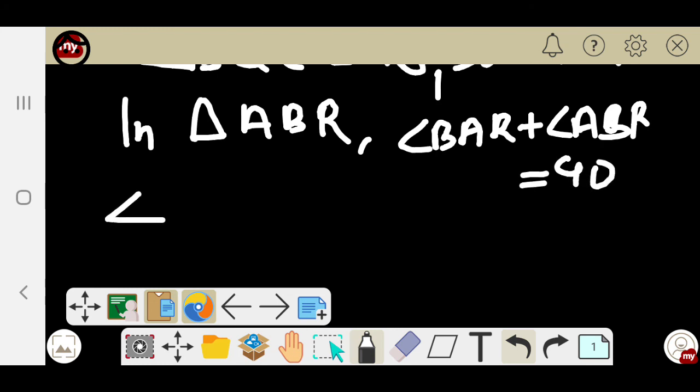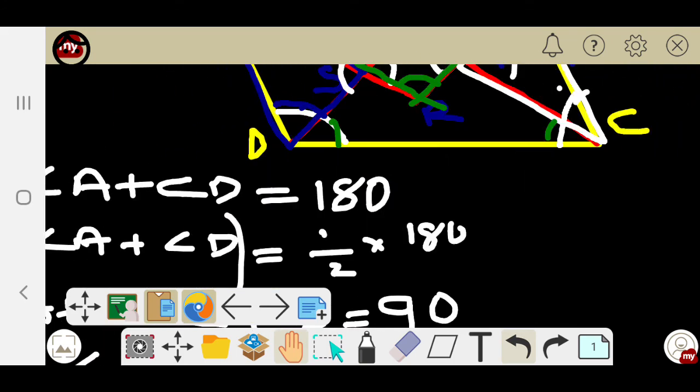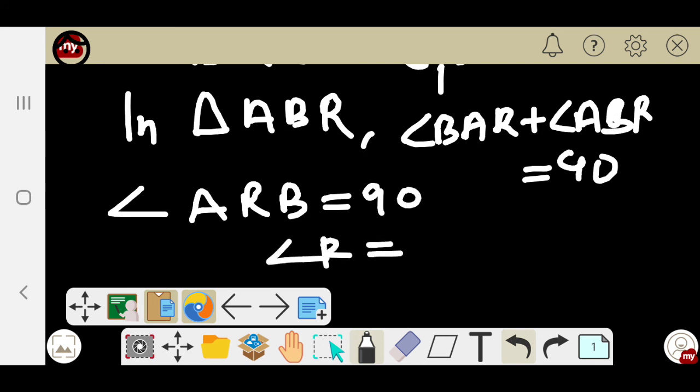So which angle is the remaining, the third angle? Angle ARB equals 90. That means angle R equals 90 degrees.